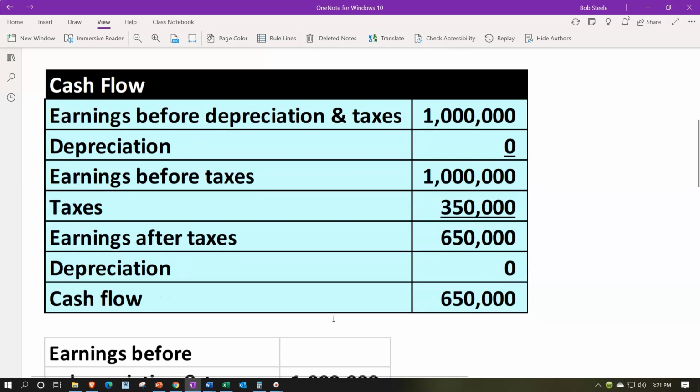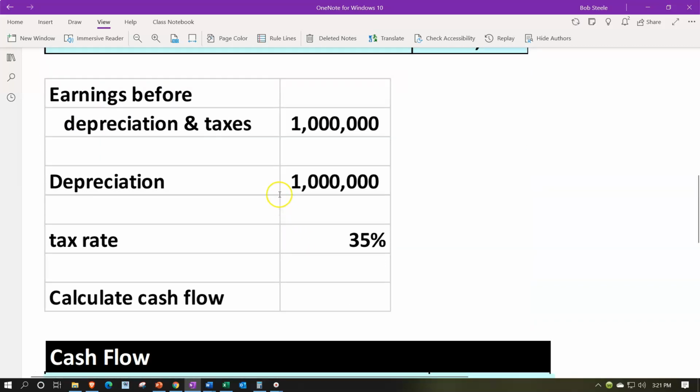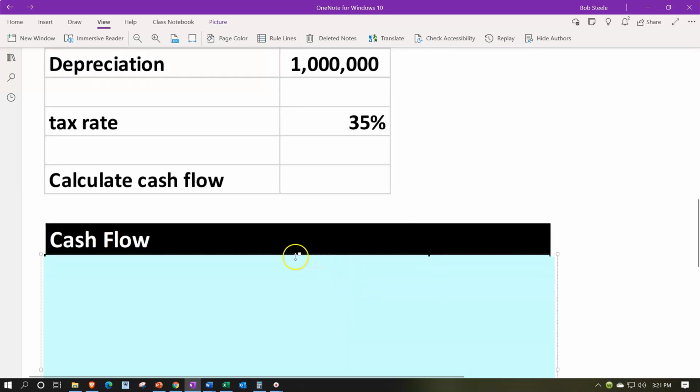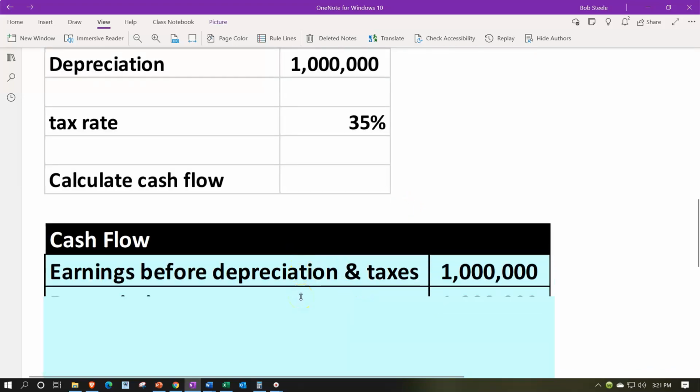Now let's compare that to our second example, where we have depreciation equivalent to the earnings before depreciation and taxes. So we have depreciation of 1 million, tax rate the same. This depreciation does not necessarily reflect cash flow, but it does have a cash flow impact because it has a tax impact, possibly. So let's start at our same starting point, the earnings before depreciation and taxes, the 1 million.